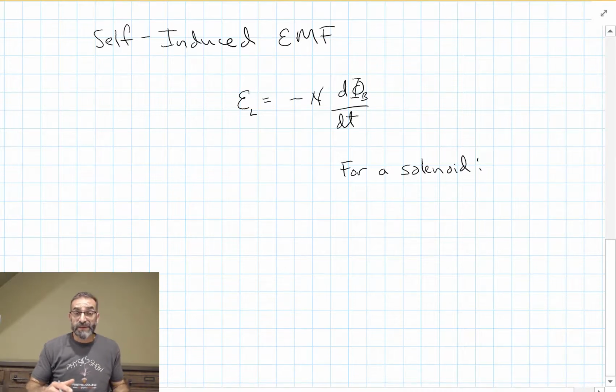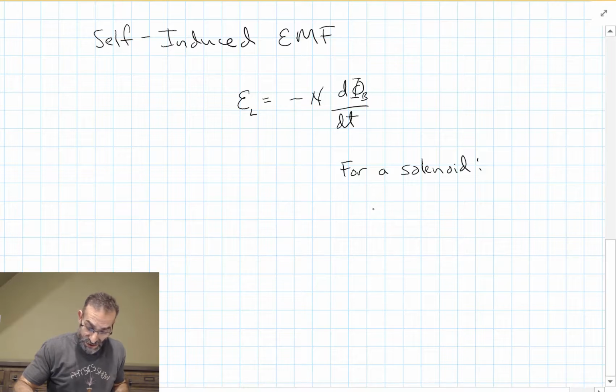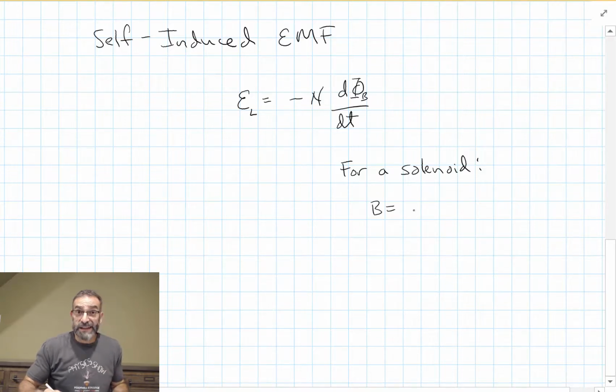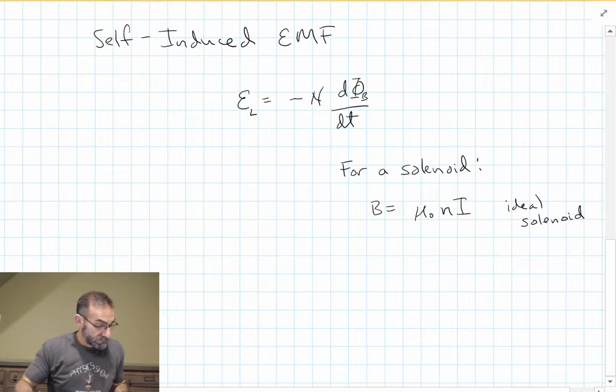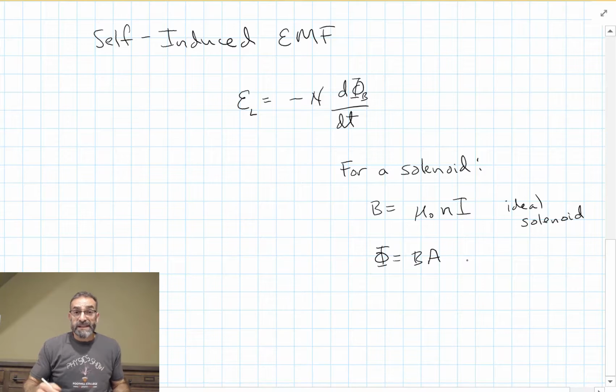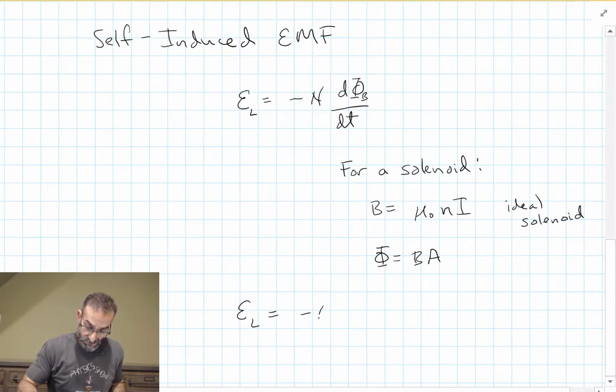Let's take a look at what happens for a solenoid. It will become clear in a minute why we're using a solenoid. But in a solenoid, an ideal solenoid, we can calculate the magnetic field. Since the magnetic field is constant over the area in an ideal solenoid, we just get B times A for the flux. We can combine those.